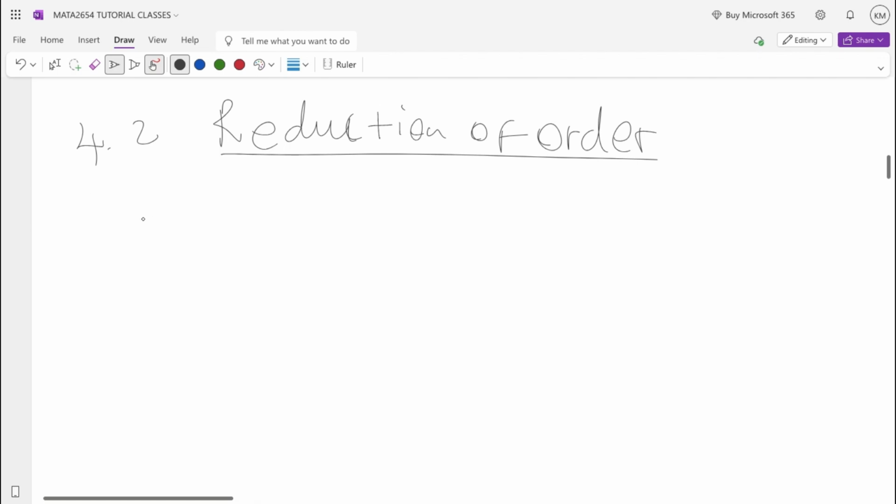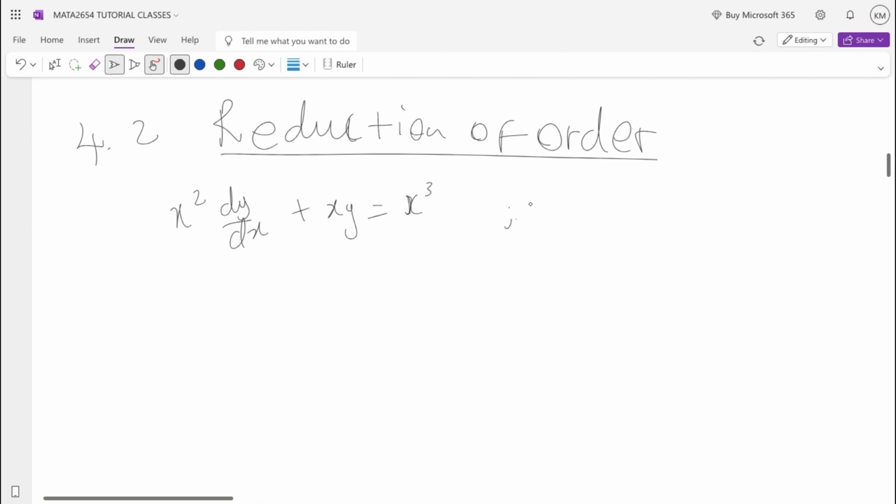You saw how in the previous section they gave us both solutions and we just had to verify whether they give a general solution or not. What if now they give us a differential equation, let's say x squared dy/dx plus xy equals x to the third.